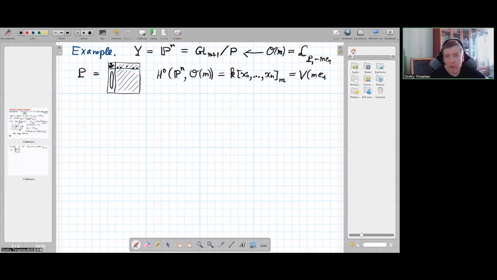Well, maybe not m epsilon 1, but rather, excuse me, I'm cheating a little bit. Let me write it like this: m epsilon 1 star. This is just the corollary of the Borel-Weil theorem, which was on the previous slide.